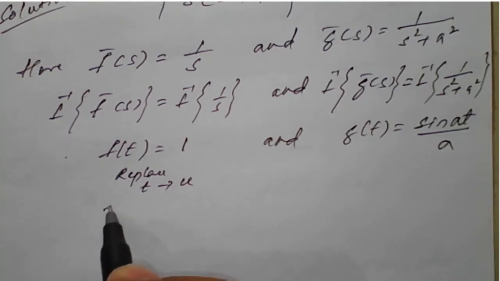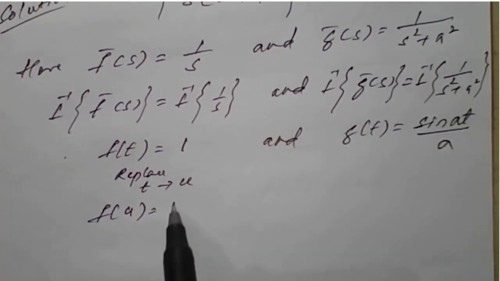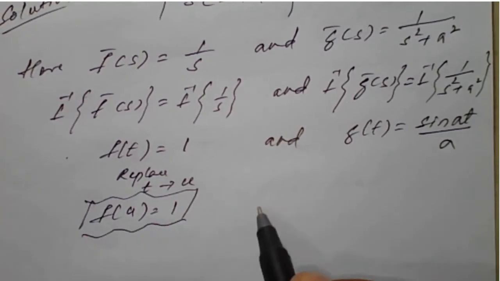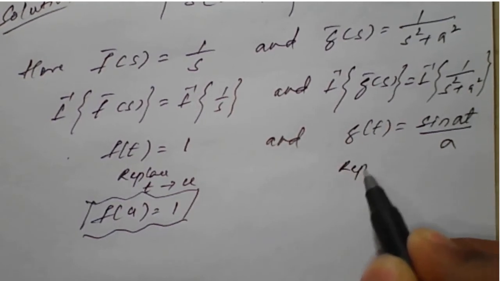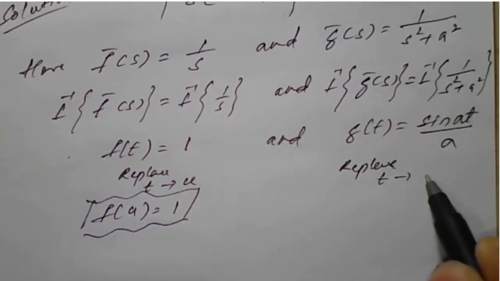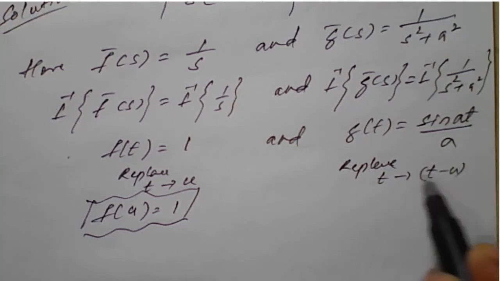So what will we get? f of u, the right hand side is not a function of t, so it is as it is: f of u is equal to 1. And here replace t by t minus u. Wherever you have t, you replace it by t minus u.